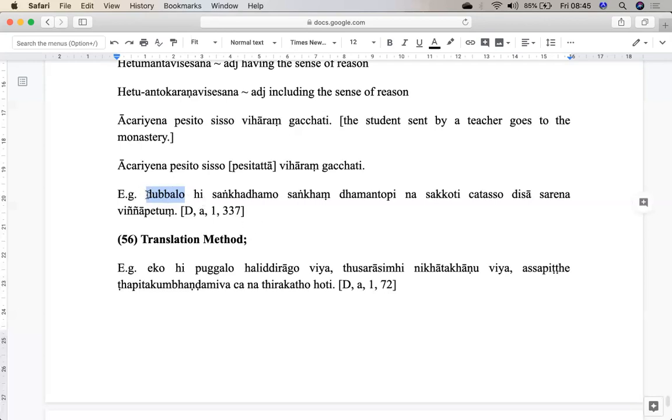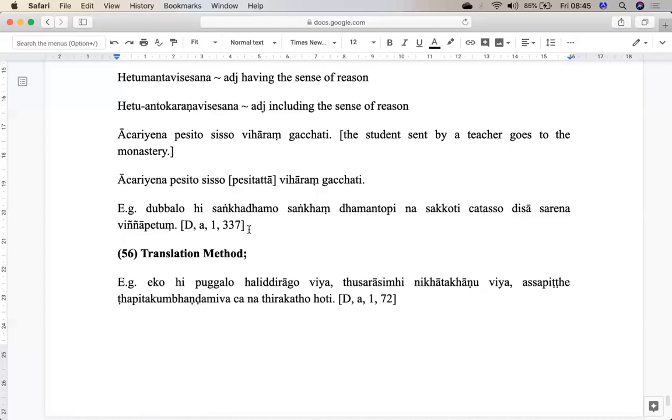So this Dobalo is modifying the Sinka Damo, but it is also the reason for the not Sakodi. That is, Dobalo is a kind of Hedu Manda, which is Senna.